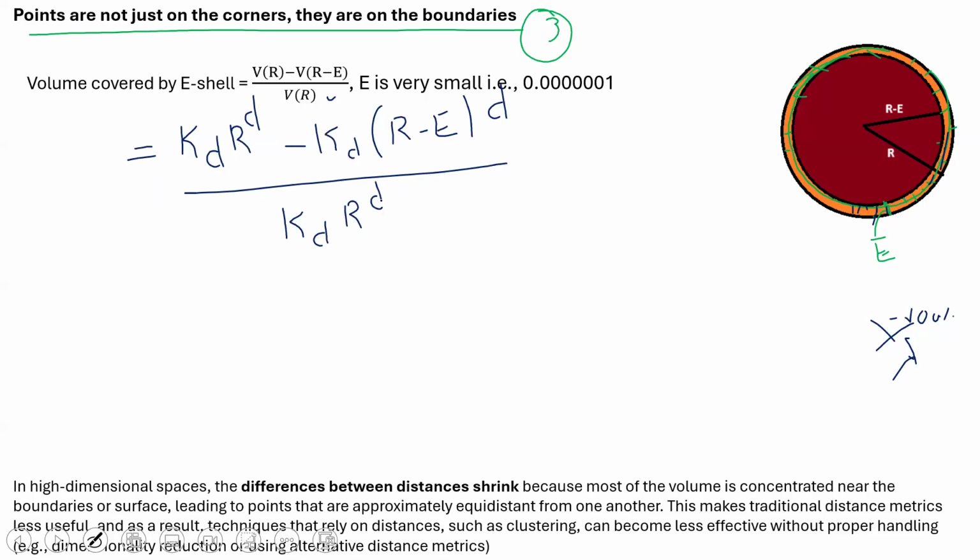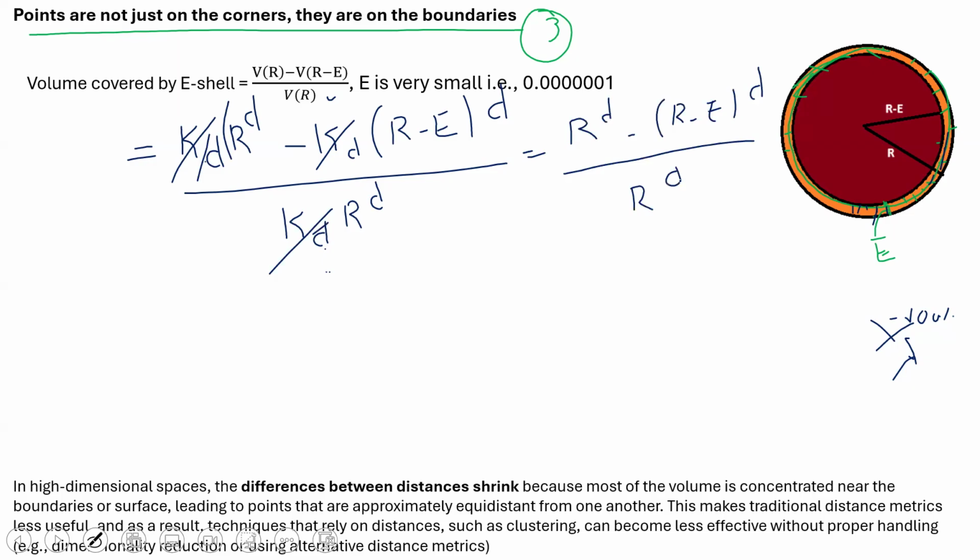Okay. Now Kd gets cancelled. All the Kd's will get cancelled because I take Kd common from the upper space, Kd common from the below space, and cancel Kd's. Now I'll be left with R to the power of d minus (R minus E) whole to the power of d, divided by R to the power of d. Now I'll take R to the power of d common from the numerator.